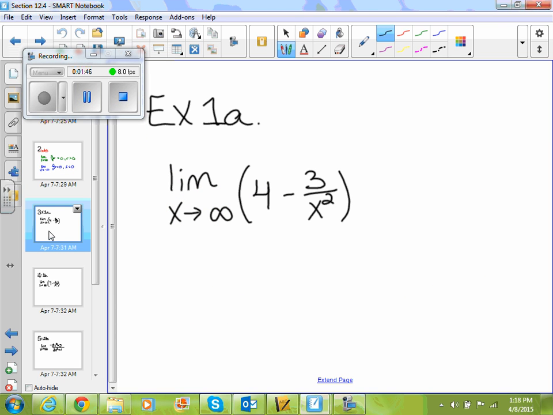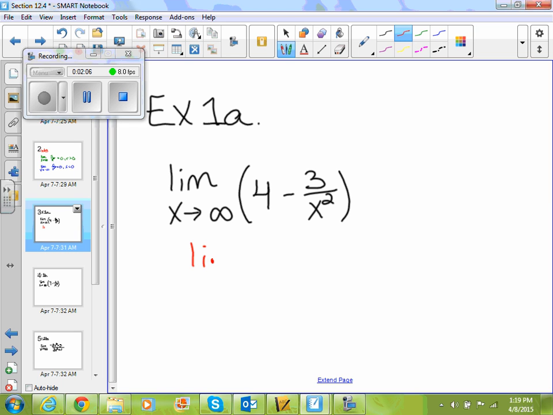Alright, so if I look at example 1, I'm looking at the limit as x approaches infinity of 4 minus 3 over x squared. One of our first rules of limits that we learned in our first section was that we can break limits up into their pieces.